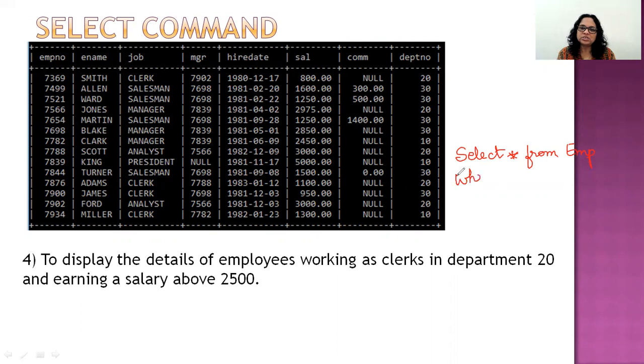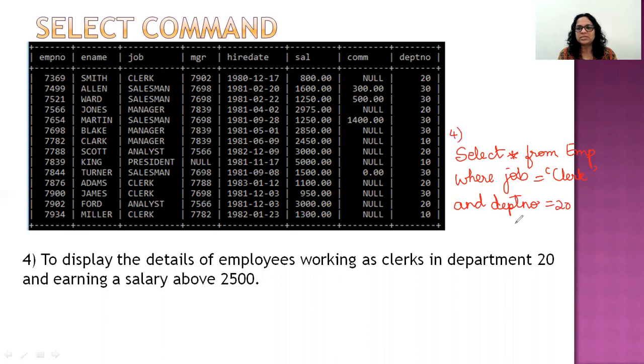What is the condition? WHERE, he has to work as a clerk. Which column is it? Job. Job is equal to 'clerk', in quotes because it's a string. And he should belong to department 20, so DEPTNO equals 20.